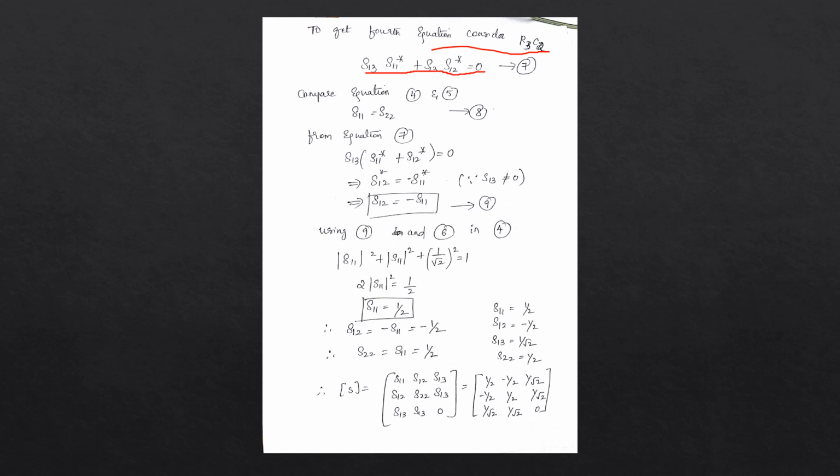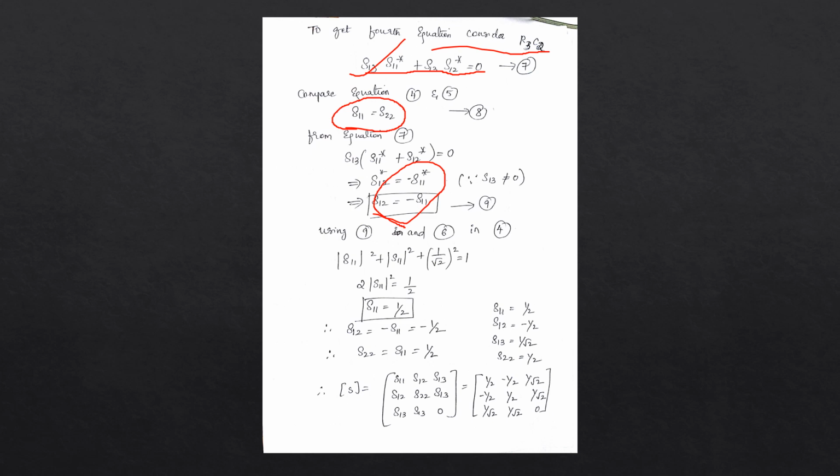We'll compare equations 4 and 5. By comparing, we'll get to know that S11 is equal to S22. And from equation 7, we can take S13 common so that S11 conjugate plus S12 conjugate is equal to 0. Hence S12 is equal to minus S11 conjugate. Here we will remove both conjugates.